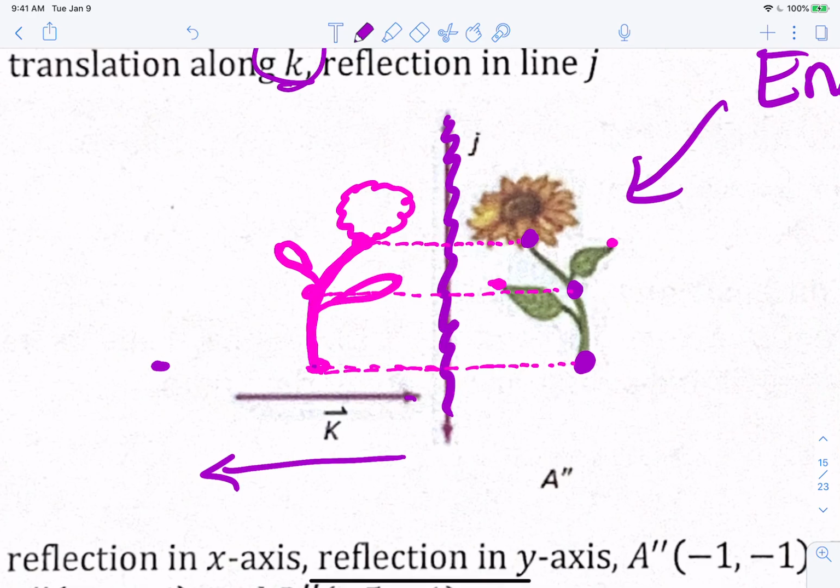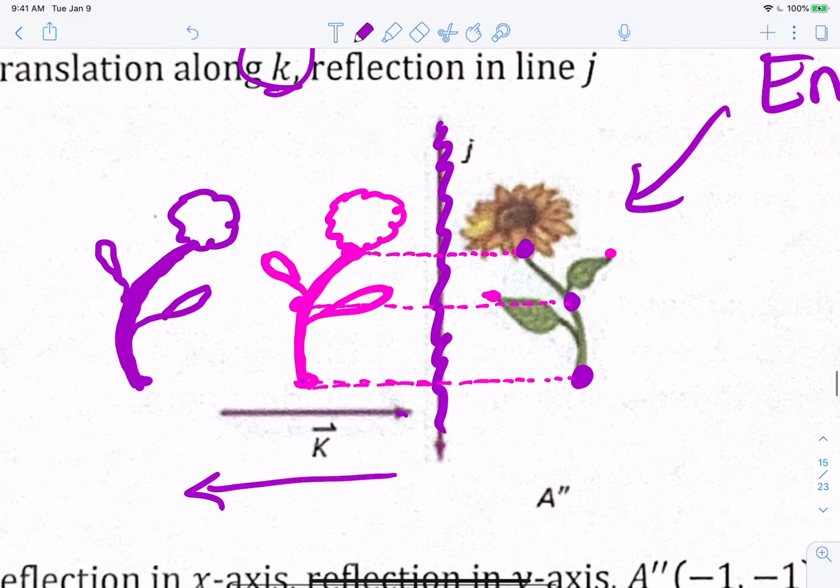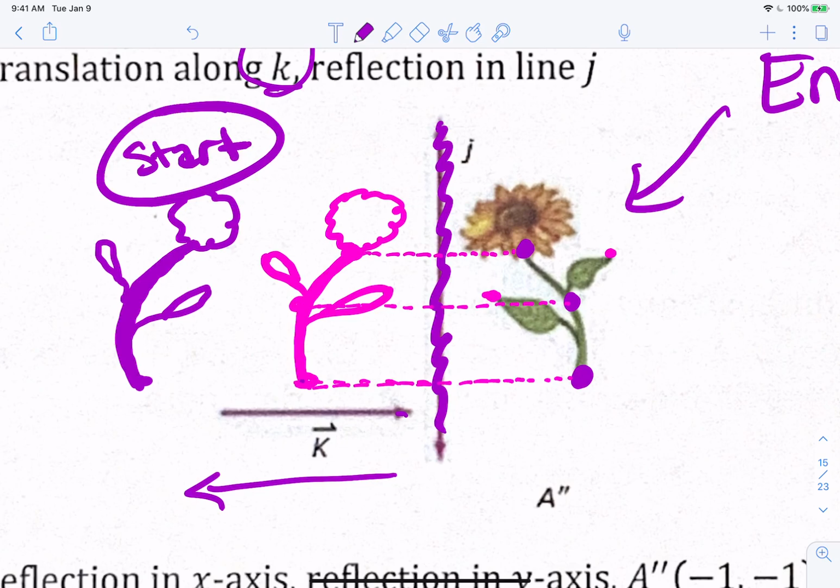That's going to go over about to there. This one's going to go over about to there. And there's my flower again. Something like that. So this is the starting image, and I had to work backwards to get there.